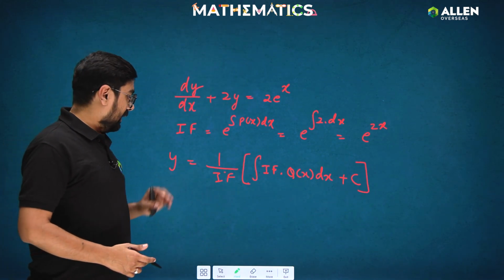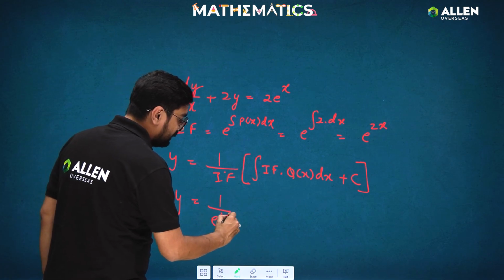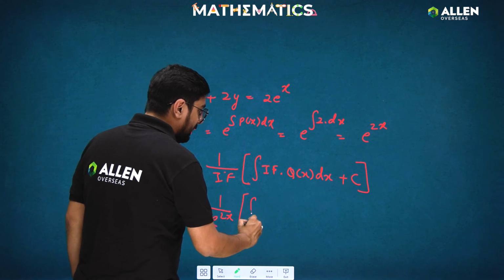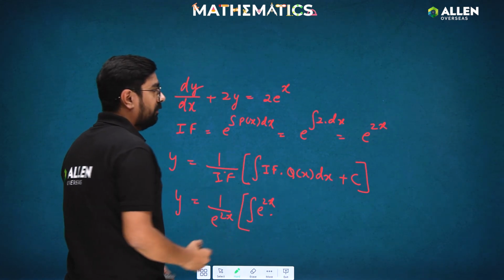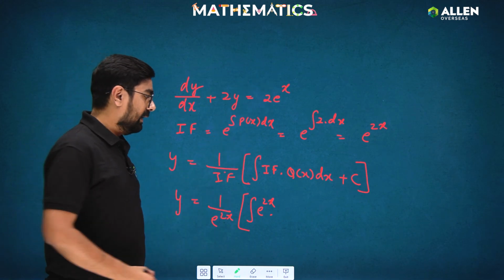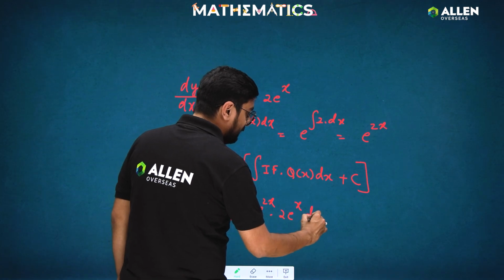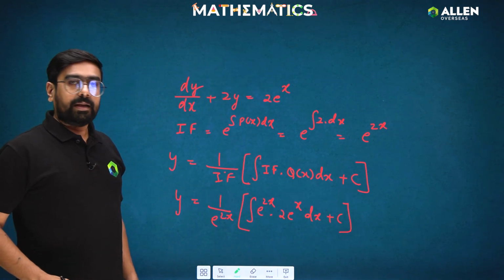That's it. So we can write over here very easily: y is equal to 1 by e to the power 2x, which is our integrating factor, multiplied with integral of integrating factor, that means e to the power 2x again, into q of x. Q of x is 2 e to the power x, into 2 e to the power x dx plus c. Correct?